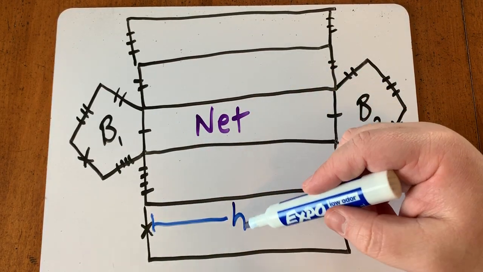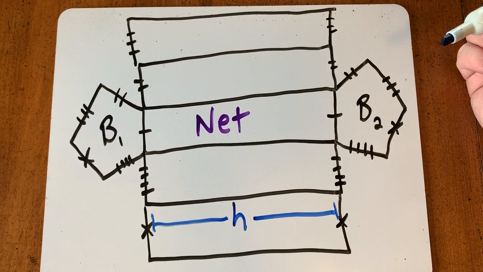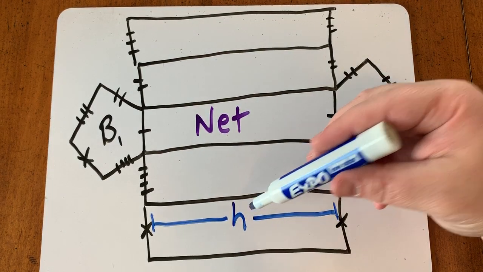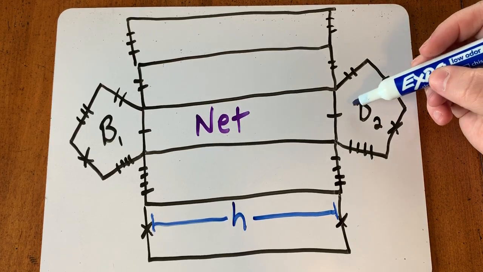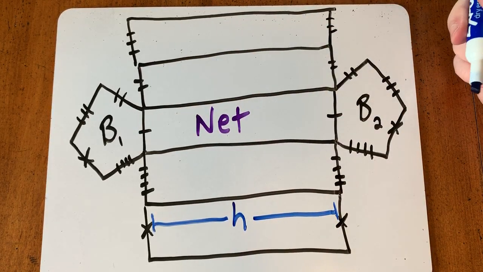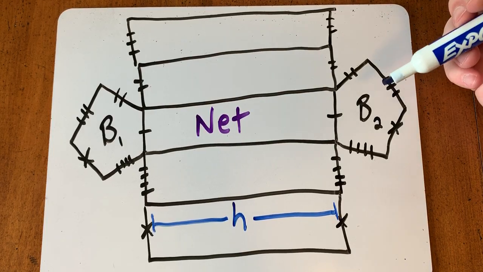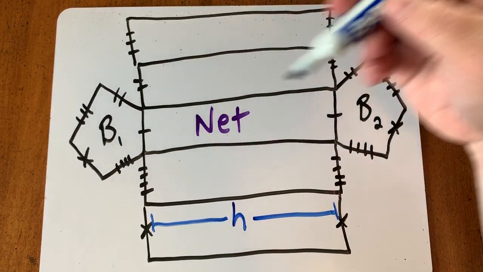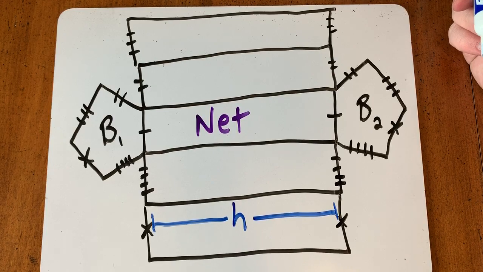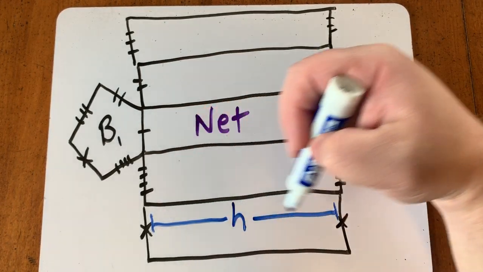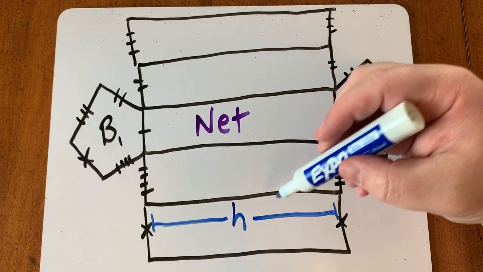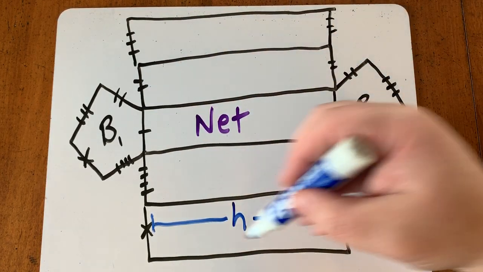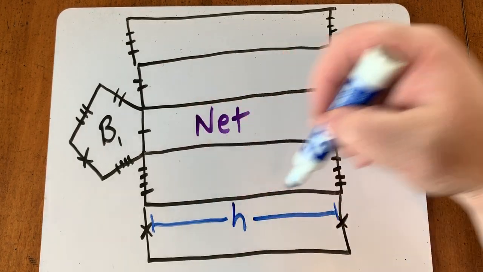The reason I'm calling this the height of the rectangle is because that's the height of the prism. The height of a prism is the distance between the two bases. Even if it's an oblique prism, the perpendicular distance between the two bases is the height of the prism. So that's why I drew the height this way. So this rectangle has the same height as the prism.